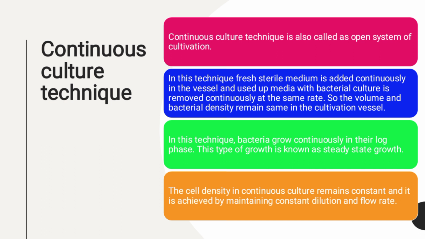In this technique, bacteria grow continuously in their log phase. This type of growth is known as steady state growth. The cell density and culture volume remain constant, and it is achieved by maintaining constant dilution and flow rate.